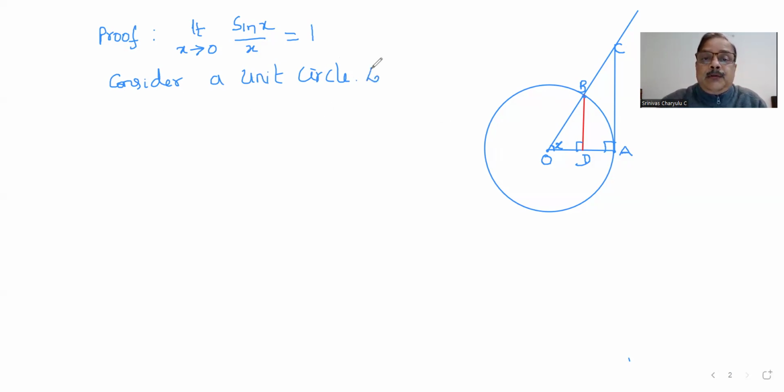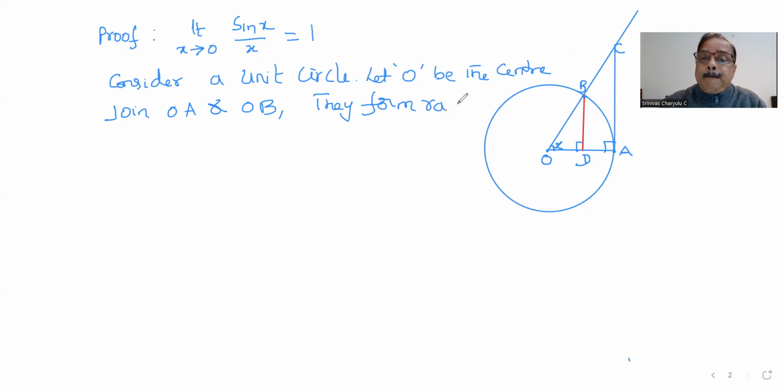Let O be the center. Then join OA and OB. You have to mark two points A and B on the circumference and join them to the center, OA and OB. They form radii of the circle.